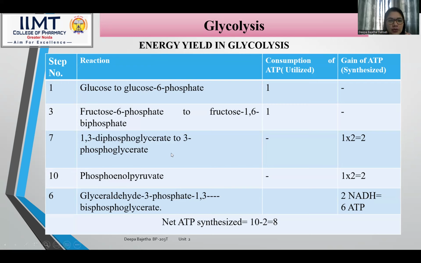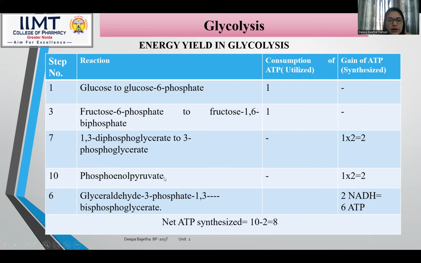So next is energetics of glycolysis. In the first step, glucose to glucose 6-phosphate, 1 ATP is utilized, and fructose 6-phosphate to fructose 1,6-bisphosphate, another 1 ATP is utilized. In the seventh step, 1,3-bisphosphoglycerate to 3-phosphoglycerate, 2 ATP is synthesized.